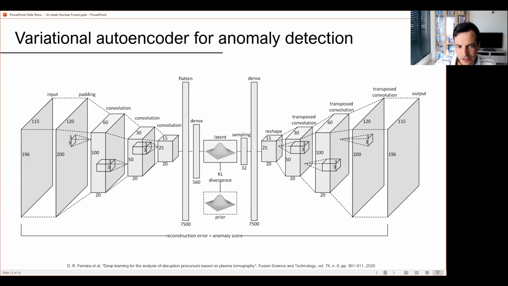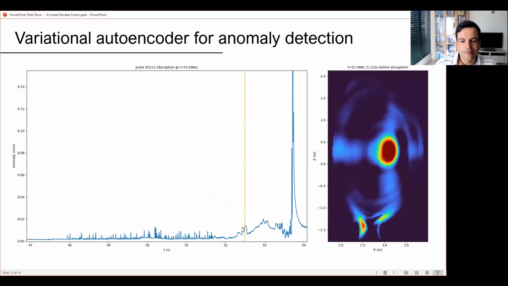We feed the model with all the profiles, and we check exactly at which point this model starts having a lot of trouble reproducing the profile. I have a plot here that shows how difficult it is for the model to reproduce the profiles that we've seen before for this same experiment.